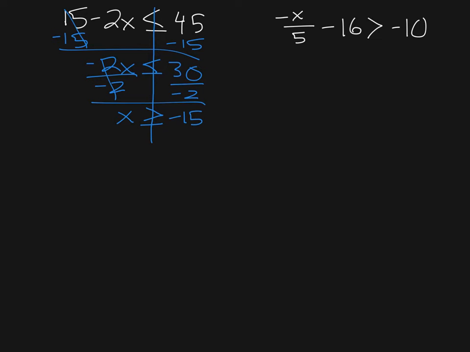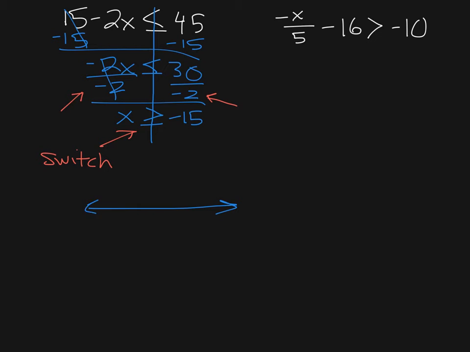So now instead of less than or equal to, this is now a greater than or equal to problem. We have to make sure we switch that inequality when we divide by a negative number. Okay, we divided by negative 2 on both sides, so we have to switch that inequality. We saw that in class. So now we have our answer. X is greater than or equal to negative 15.